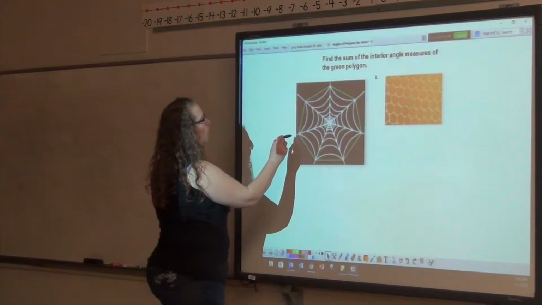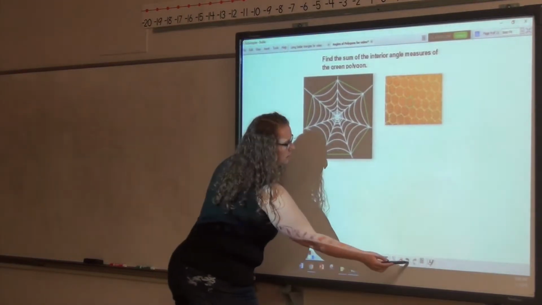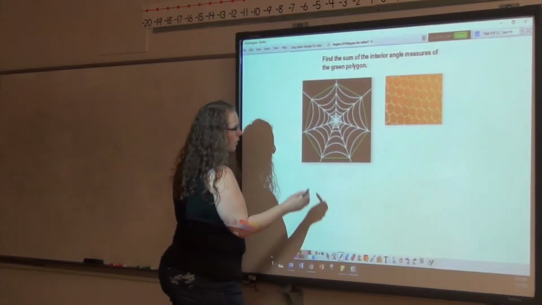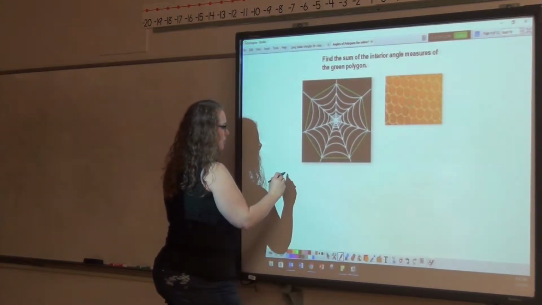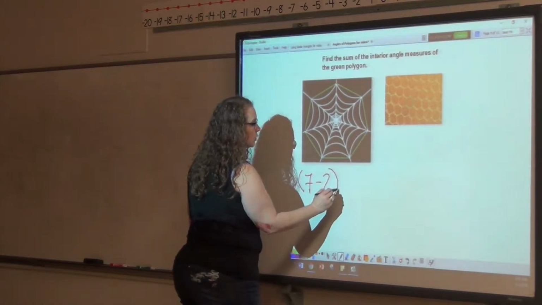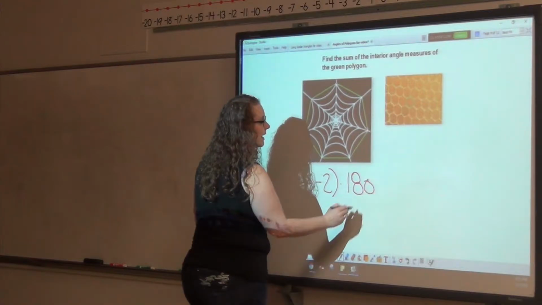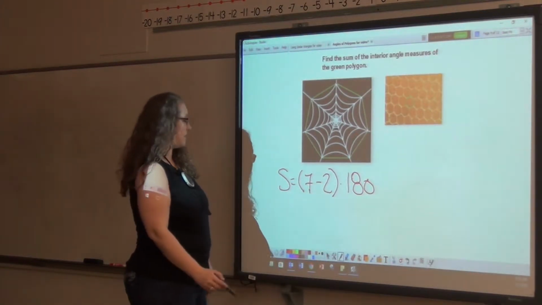Okay, so we have 1, 2, 3, 4, 5, 6, 7. So the sum is 7, which is n, subtract 2 times 180. You can solve to get what the sum of the angle measures is going to be.